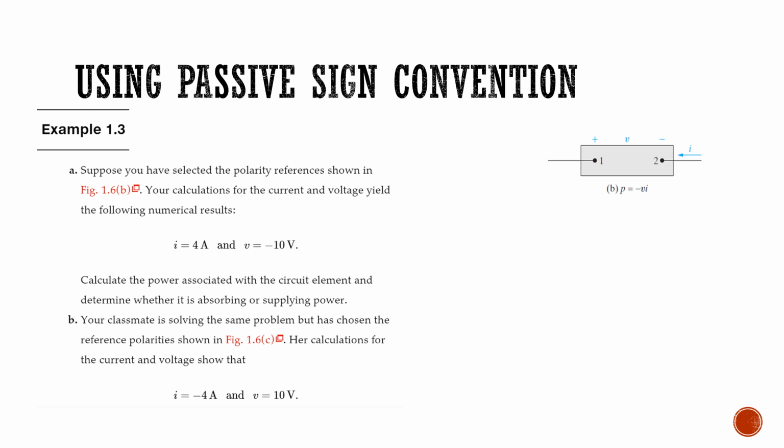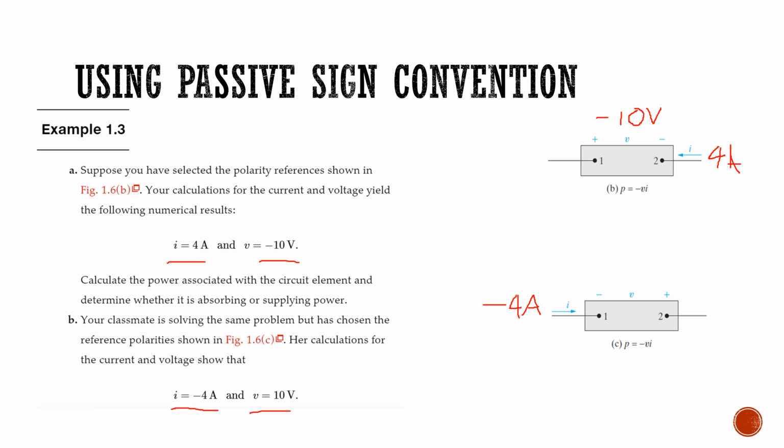Okay, so again, this is a problem we can do in the next lecture, but we have an assigned polarity here, which is a value of 4 amps, and the voltage is minus 10 volts. And a classmate assigned polarity a little bit differently and came up with minus 4 amps and positive 10 volts.